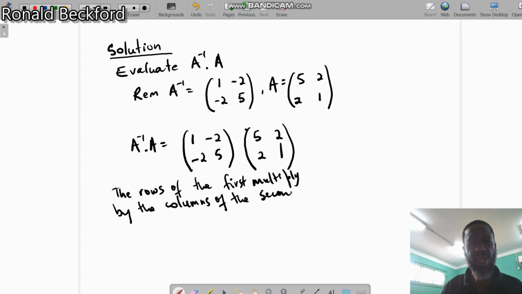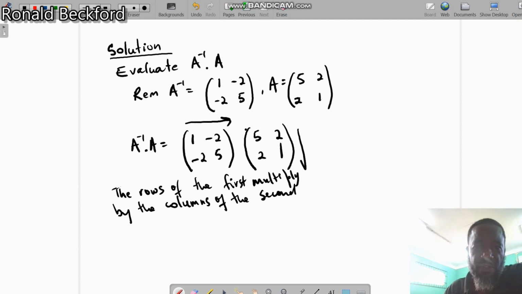So that's how we multiply 2 by 2 matrices. Okay, so therefore it's the rows of the first multiplied by the columns of the second.